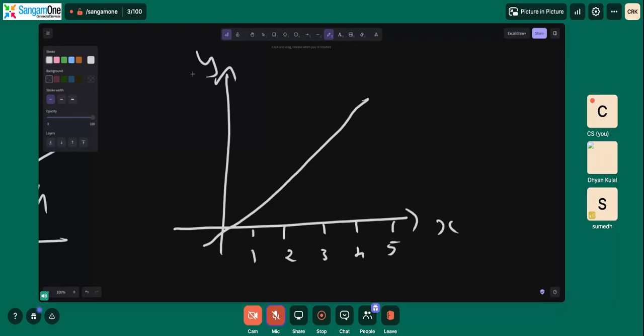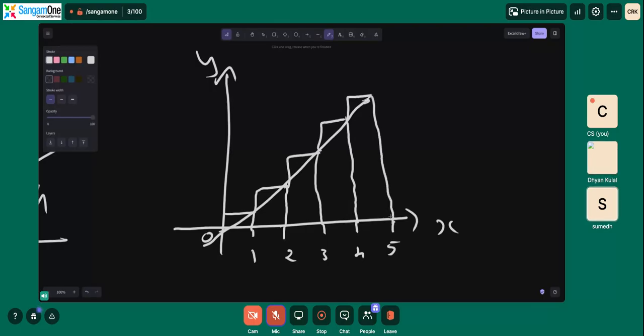Now, how will you calculate the area if you do not know about integration? You would draw rectangles and find the area of every rectangle. This is one rectangle, and this is the final rectangle.